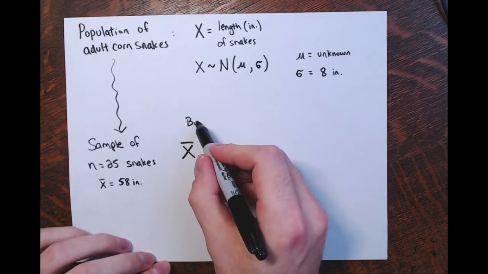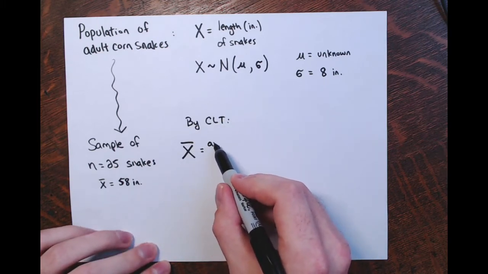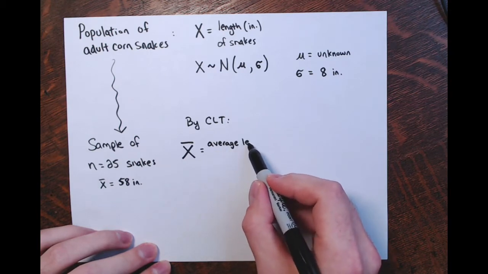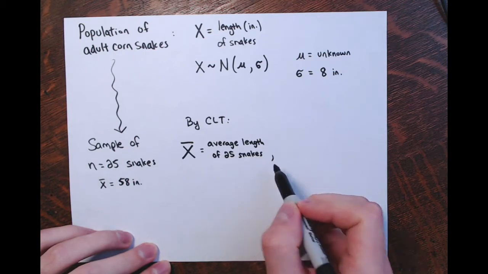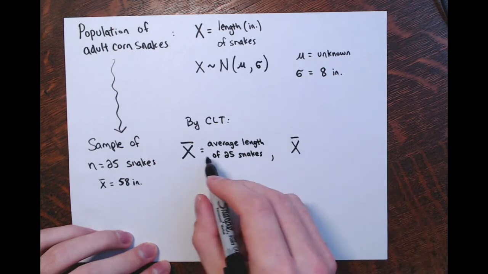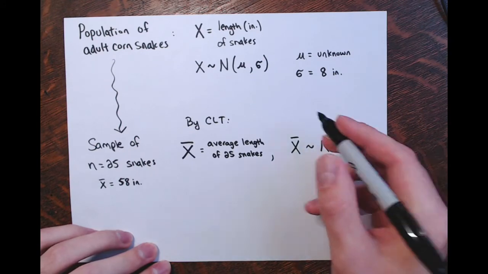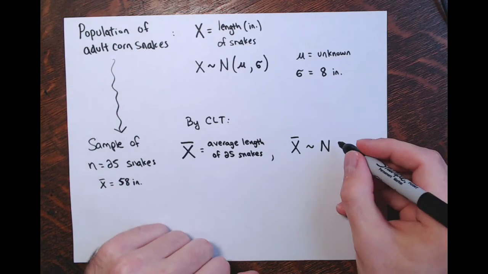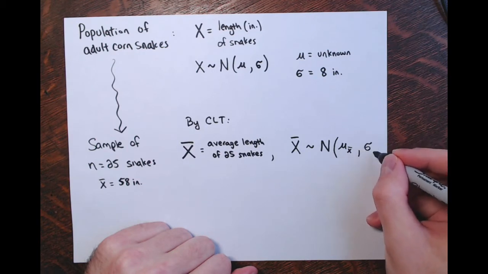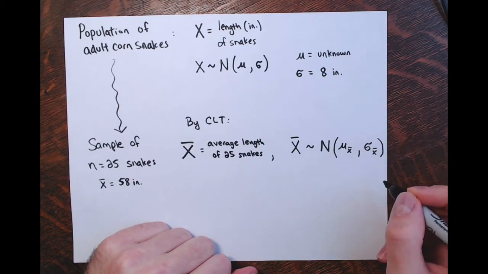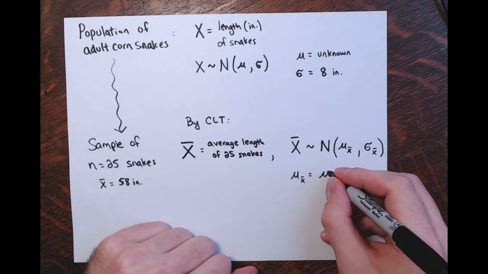By the central limit theorem, if x bar here is the average length of 25 snakes, the distribution of all these average lengths of different groups of 25 snakes would be normal, since the population we pulled from was normal, with a mean of mu sub x bar and a standard deviation of sigma x bar, where the mean of the means, the mean of these x bars, was the mean of the population.